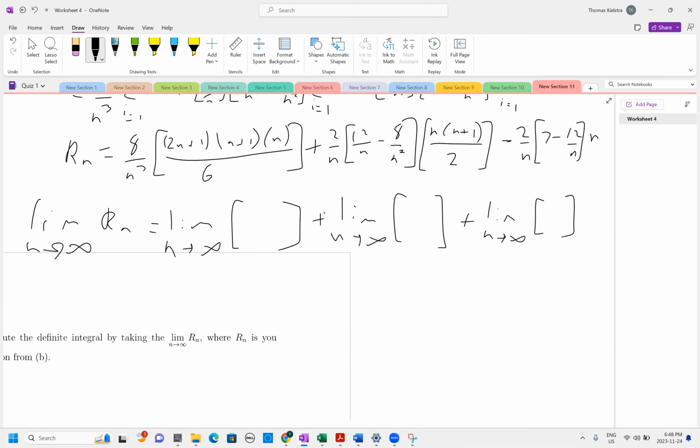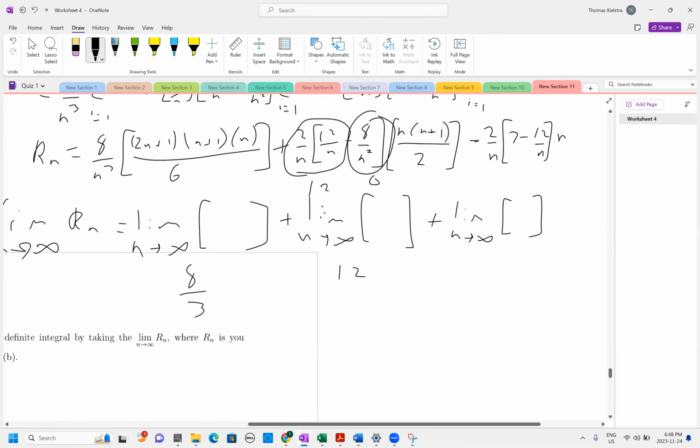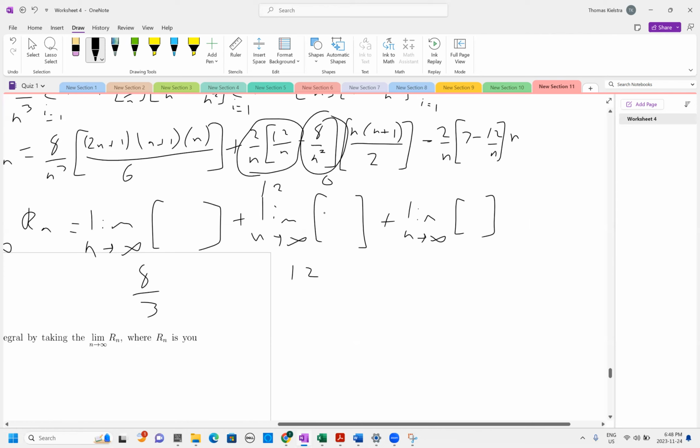And what's really nice is this first term we can see is going to be equal to 8 over 3. The second term, this piece here, when we expand in, is going to give us a limit of 12. And this piece here, when we expand in, is going to give us a limit of 0. So combining them, we get a limit of 12. Finally, here, when we take this limit and we expand it in, we get a limit of minus 14.